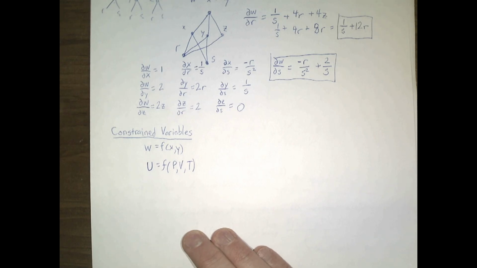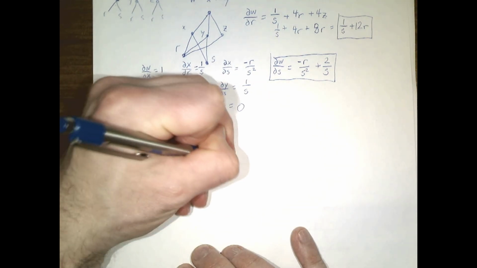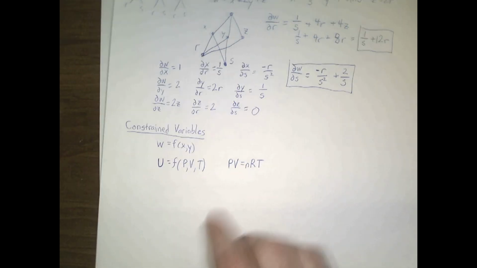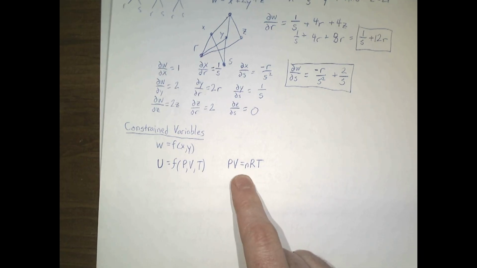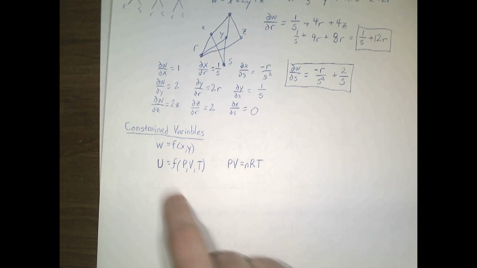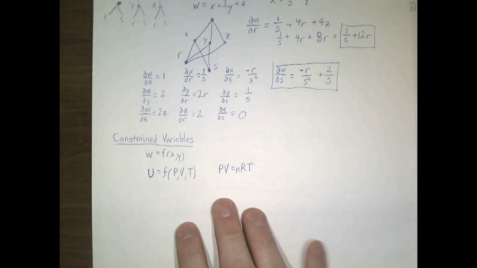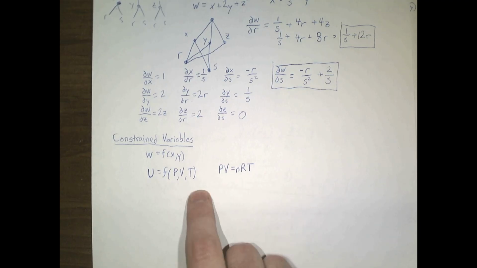Well, if you're working with a gas, then those variables are constrained by a little friend called the ideal gas law, where PV is equal to some set of constants times T. They have to behave this way regardless of how they're arranged in terms of U. And so when you have these constraints, you have to think about really what relationships are going on. What depends on what becomes very important.